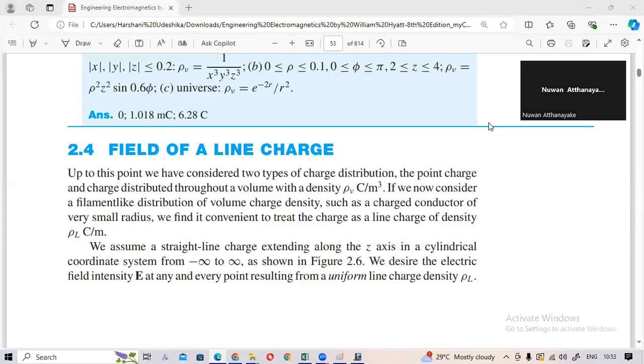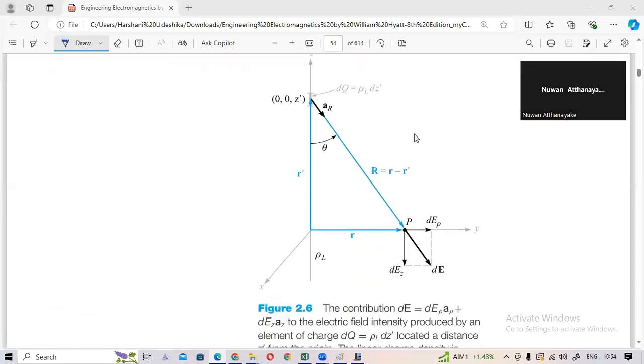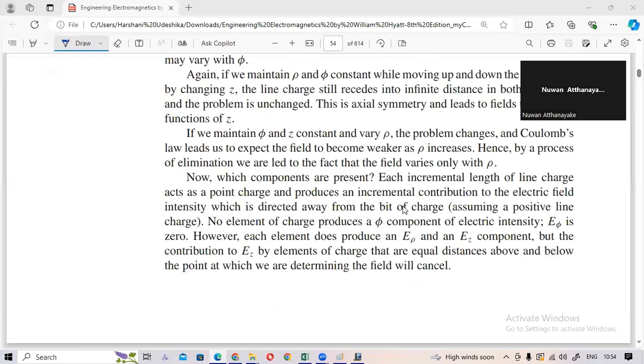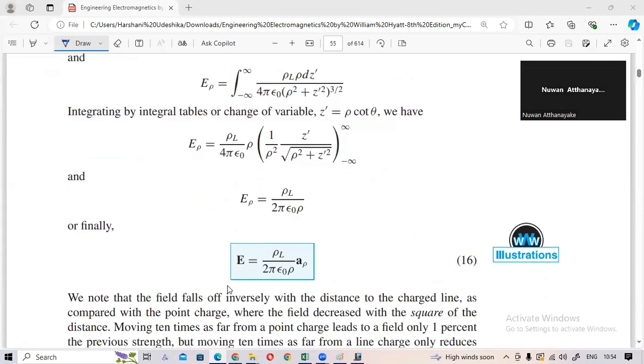Okay, previous week we have seen the field created by the infinite line charge. We have done one example, which I can remember. So anyway, this is the resultant field created by an infinite line charge.